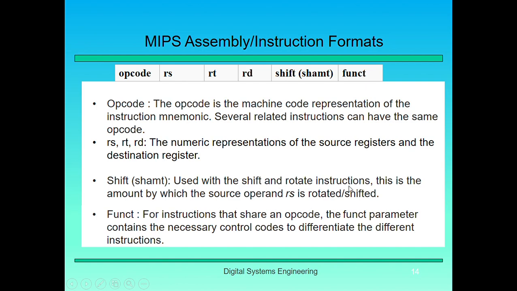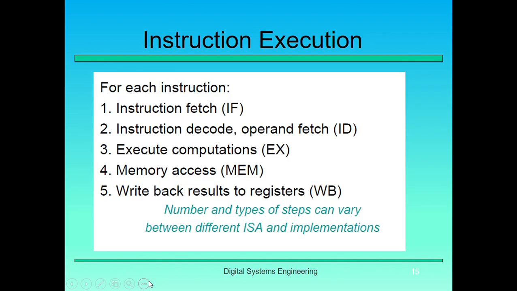It is the amount by which the source operand RS is rotated or shifted. FUNCT is the additional opcode, used for instructions that share an opcode. The FUNCT parameter contains the necessary control codes to differentiate the different instructions.